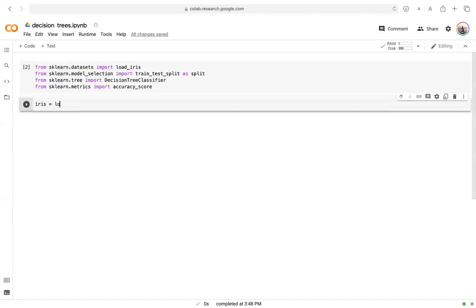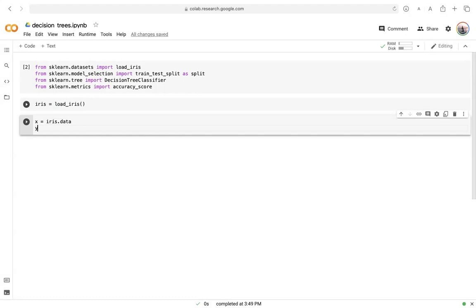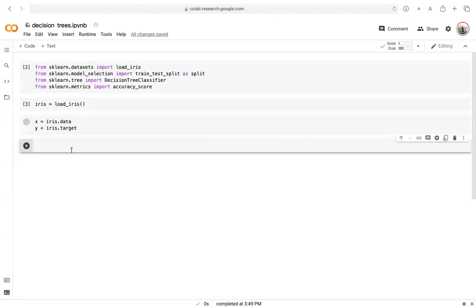Now iris is equal to load_iris, and my x is going to be iris.data, y is equal to iris.target, and then xtr, xte, ytr, yte is equal to train_test_split of x comma y, with test size 0.1 and random state equal to 0.